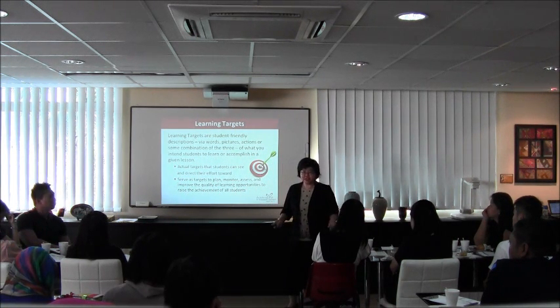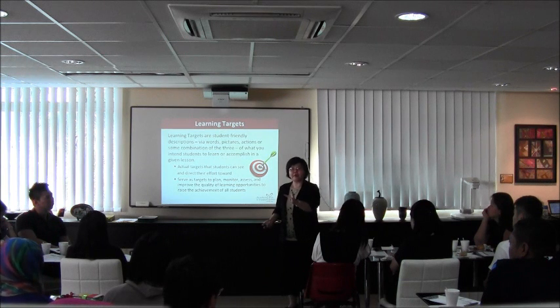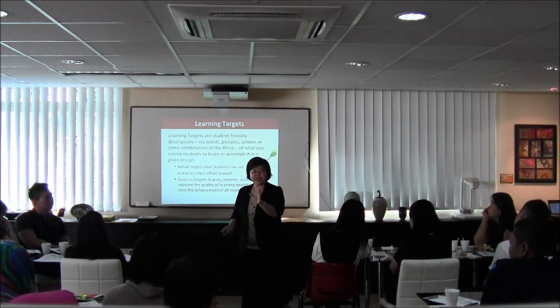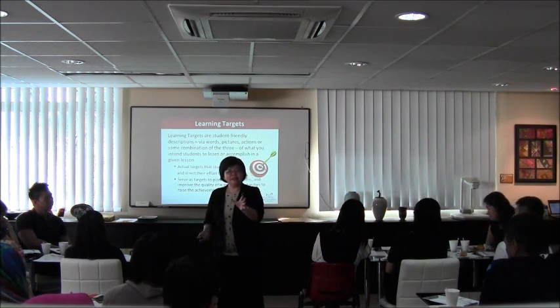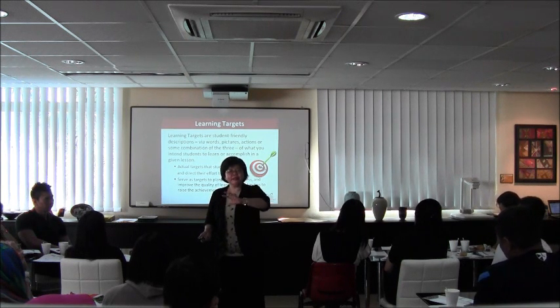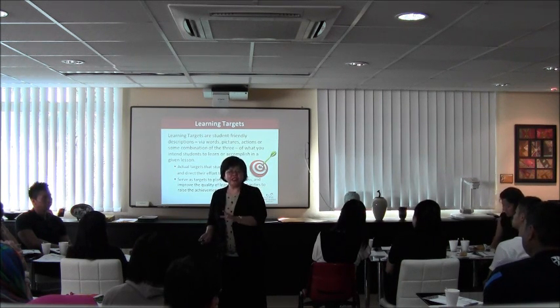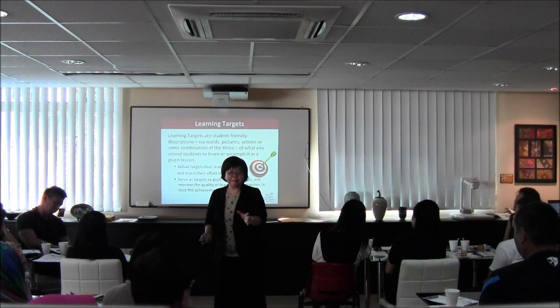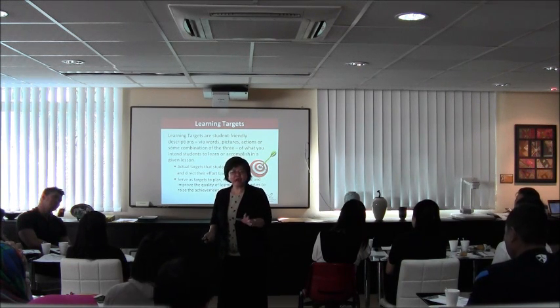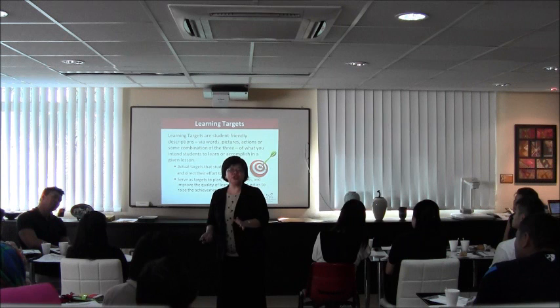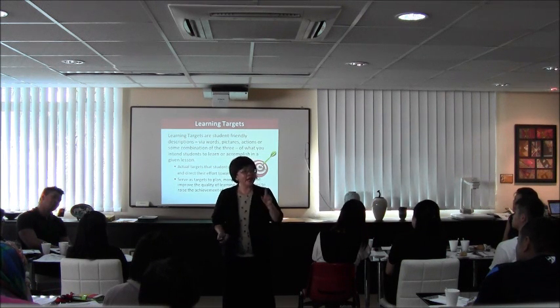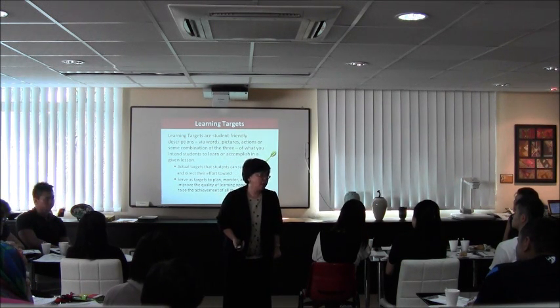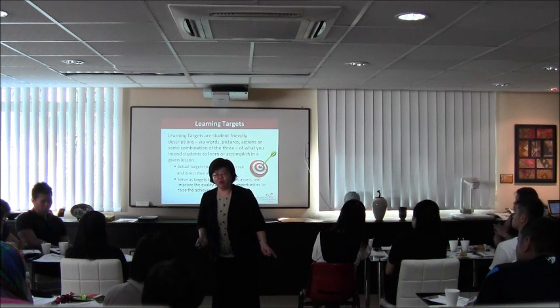Or if I'm teaching fractions, for this lesson, I want my children to be able to tell me that a fractional part shows how the whole has been equally divided. So for example, if it's 1/4, I'm able to tell you that the whole has been divided into 4 equal parts, and 1 part is 1/4. And that's why I say 1 out of 4.